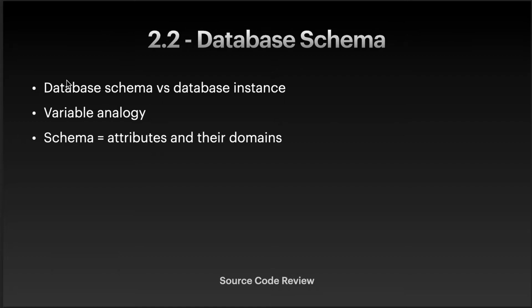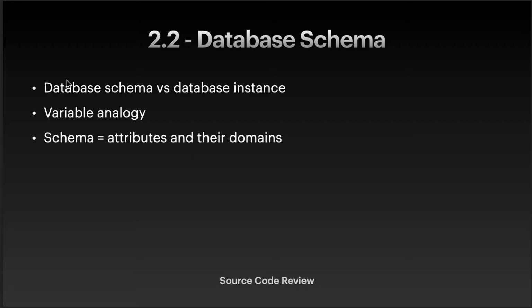All right, section 2.2, database schema. So there's some common confusion between a schema and an instance. Just to be clear, a schema is the abstract representation of the database, right? I have a schema, I have a student table, I have a course table, whereas an instance is the specific student table or the specific course table, right, with all the values listed out.